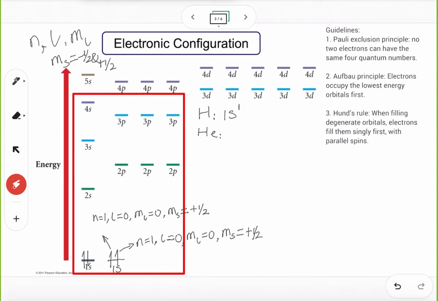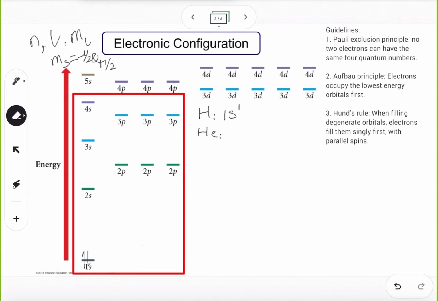So how about this one? If we do the same thing, let's check the 4 quantum numbers for this configuration. For the electron on your left side, n is 1, l is 0, ml is 0, ms is positive half.